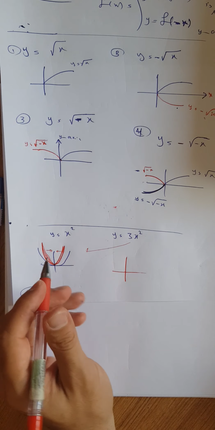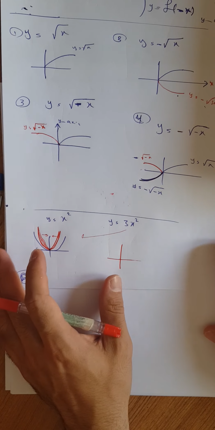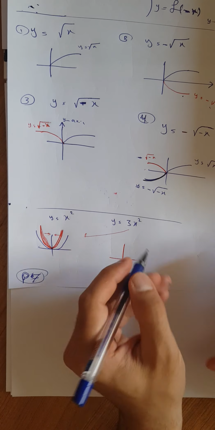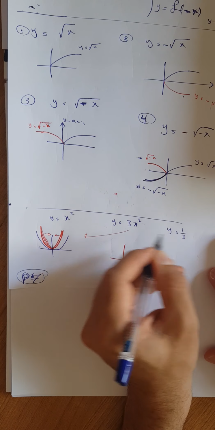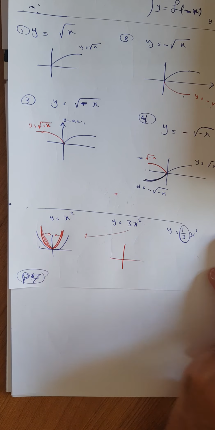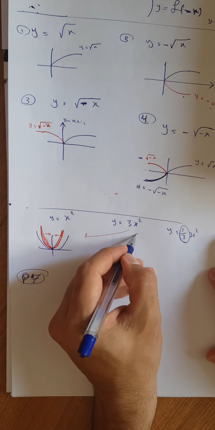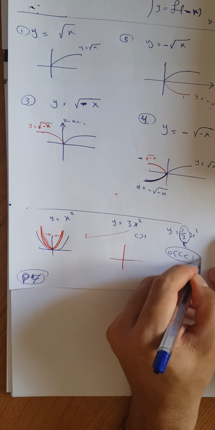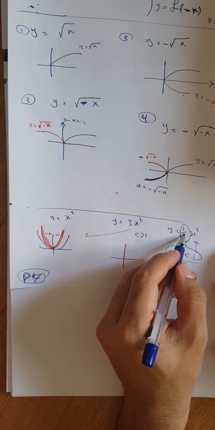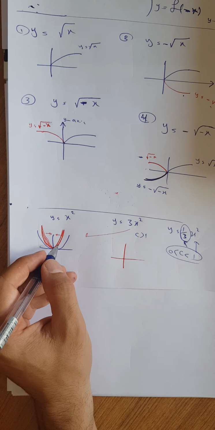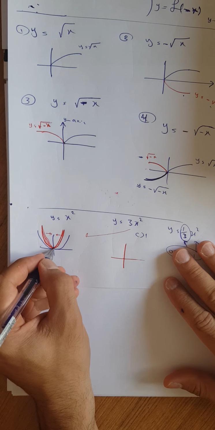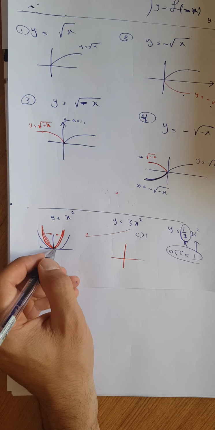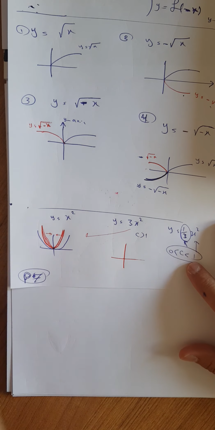But in the exam it's not important, because we are dealing with the shape here, not the more specific points. Also, if you multiply by 1 over 3, y equal to 1 over 3 x squared, we multiply by a number smaller than 1. Here's c greater than 1. Here's c between 0 and 1. It means that if you multiply the function by a rational number between 0 and 1, you will see the expanding or shrinking of the vertical here, like that.